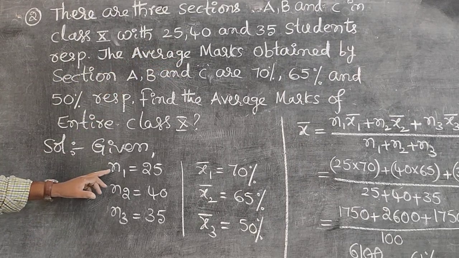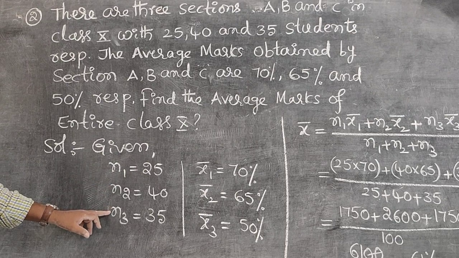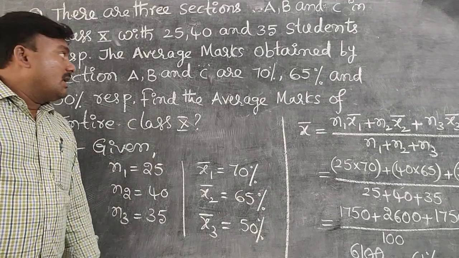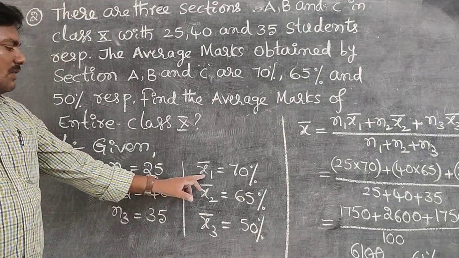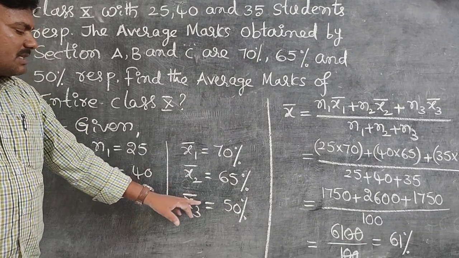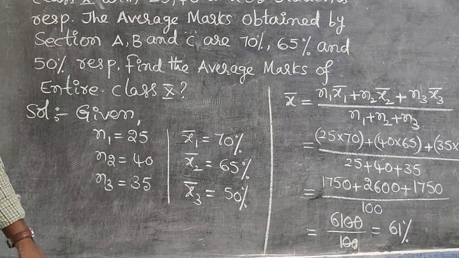Section A has 25 students, B has 40 students and C has 35 students. Let me take n1, n2, n3 and also the mean values: the average marks of A section x1 bar equal to 70%, x2 bar equal to 65%, x3 bar equal to 50%.